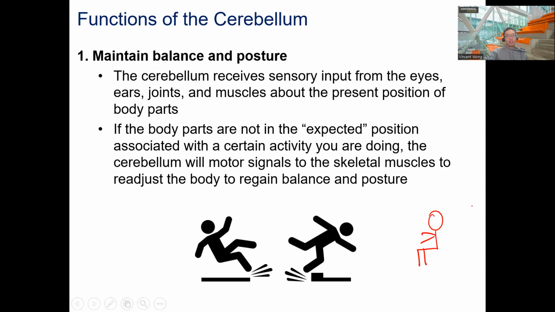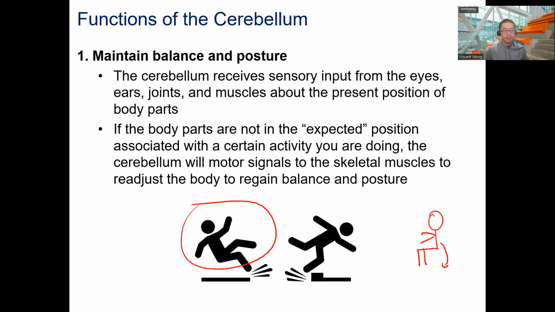If someone sneaks up behind you and pulls the chair from below, then immediately you start falling, and your cerebellum is like, hold on a minute, sitting is supposed to look like that, and not like this. As soon as the actual body position is different from the expected position, the cerebellum will start to adjust the body parts, shift your weight, move your hands to try to put you back in that expected position.